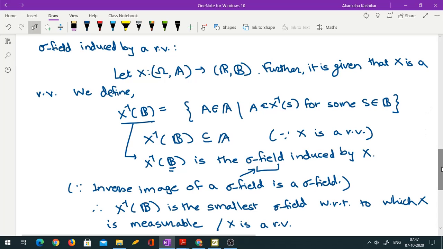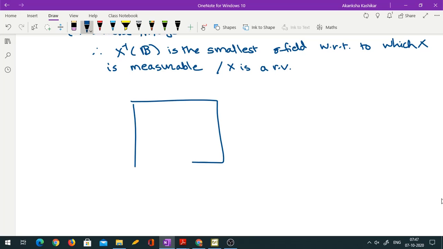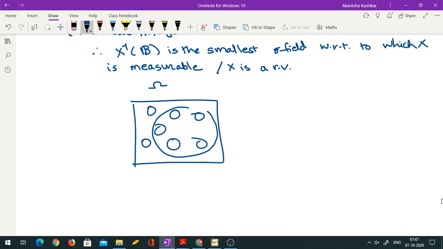What do I mean by this? If I take some other smaller sigma field, then, so let me take, so this is say omega. We have a collection of subsets of omega. So suppose this collection of subsets of omega is actually X inverse of script B. And now I consider a smaller collection. So I consider only these two sets. Okay.